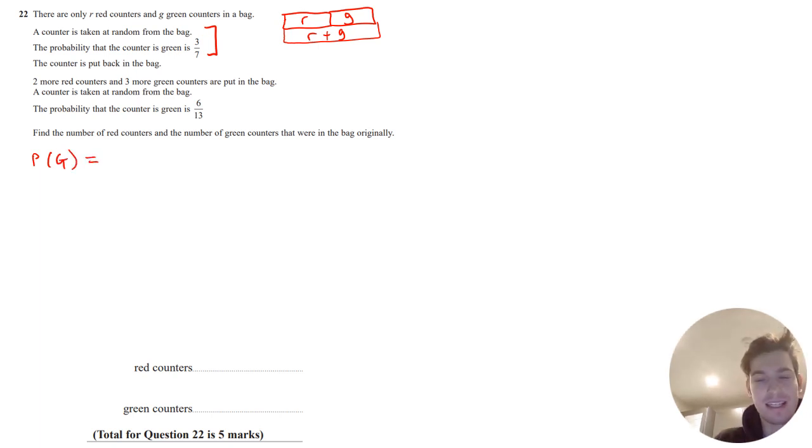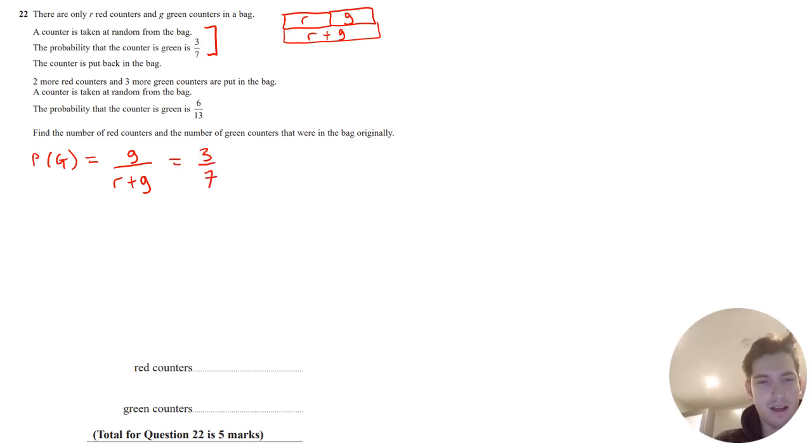Because I know that is equal to 3/7. The probability of picking a green counter is the number of green counters, G, over the total number of counters, which is why I wrote R plus G. And I know that that is equal to 3/7.